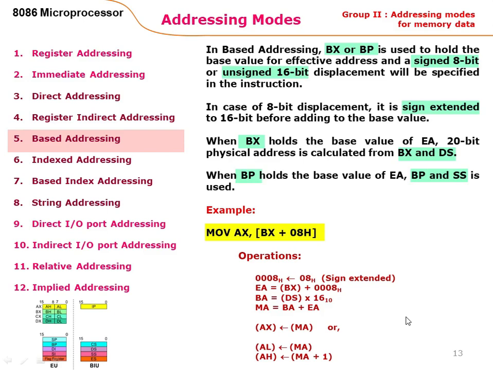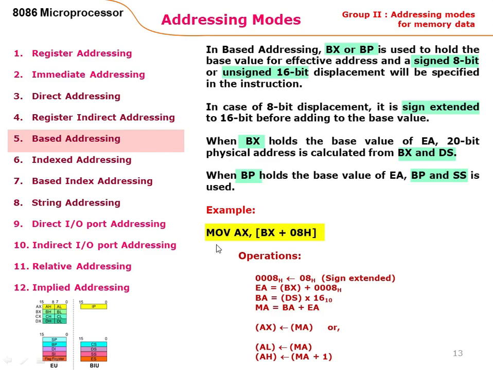When BX holds the base value of the effective address, the 20-bit physical address is calculated with the help of the BX register and the data segment register. When the base pointer register holds the base value of the effective address, then the base pointer and stack segment registers are used to calculate the 20-bit physical address.